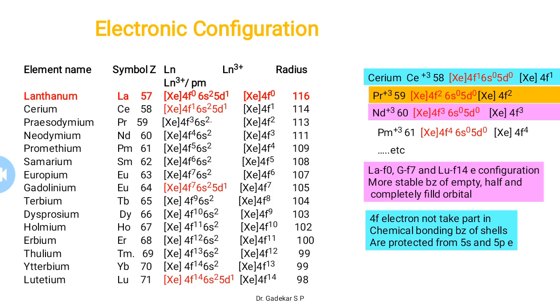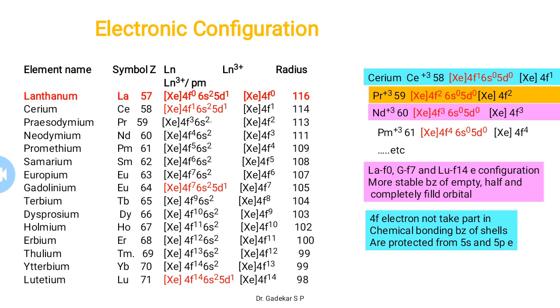These 14 elements are included in the lanthanide series. So these are the names: lanthanum, cerium, praseodymium, neodymium, promethium, etc., and these are the symbols La, Ce, Pr, Nd, etc., and their atomic numbers.